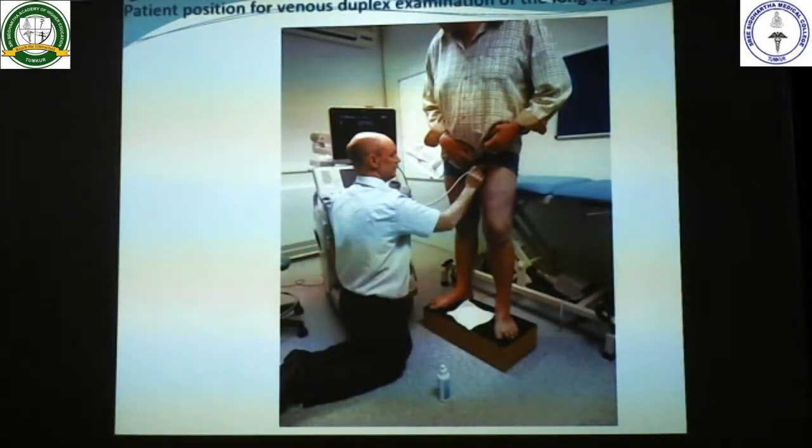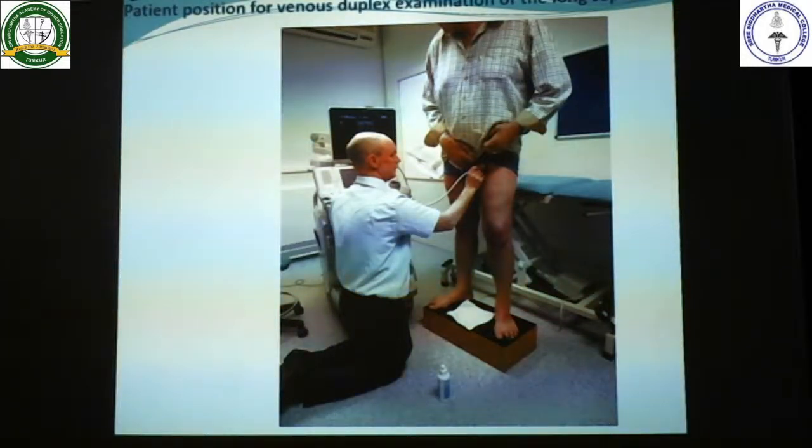Let's go to the radiology department and see how they do the duplex ultrasound for examination of varicose veins. Usually they do it with the patient in the standing position. The radiologist will start from the cephalic end and assess the veins.